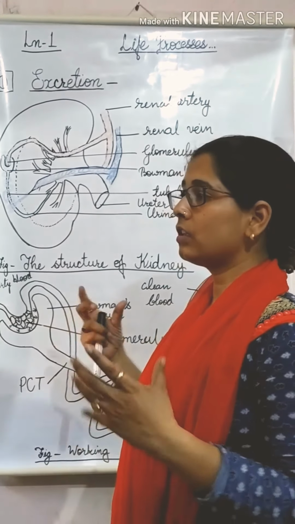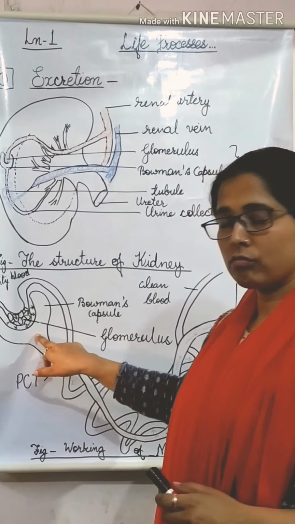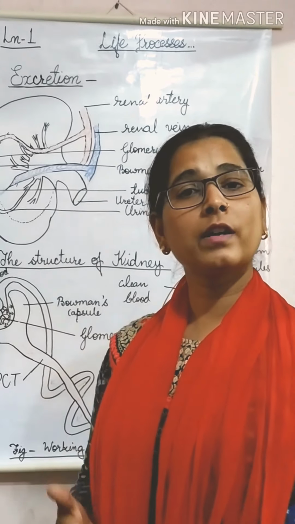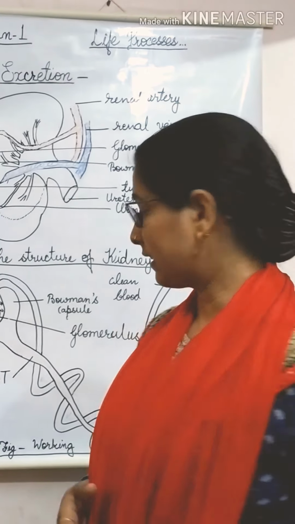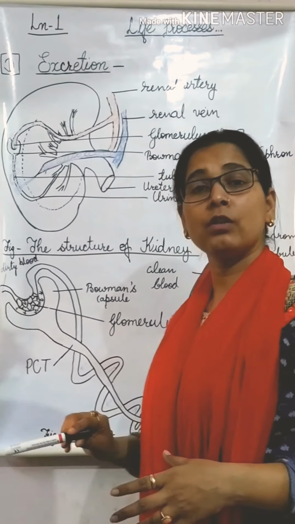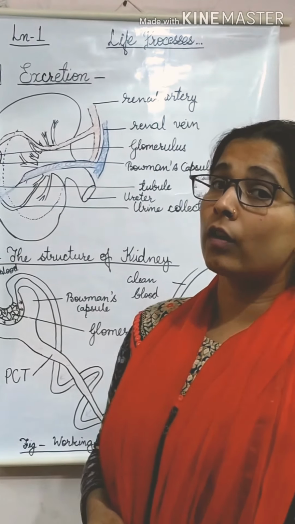What about these three parts? See here, when the urine is formed, it used to carry lots of amino acids, salts, water with it. So reabsorption of this excess part, which can be useful for the body, right?